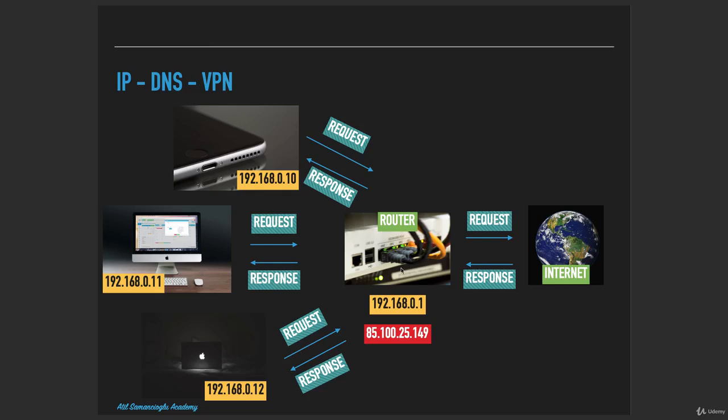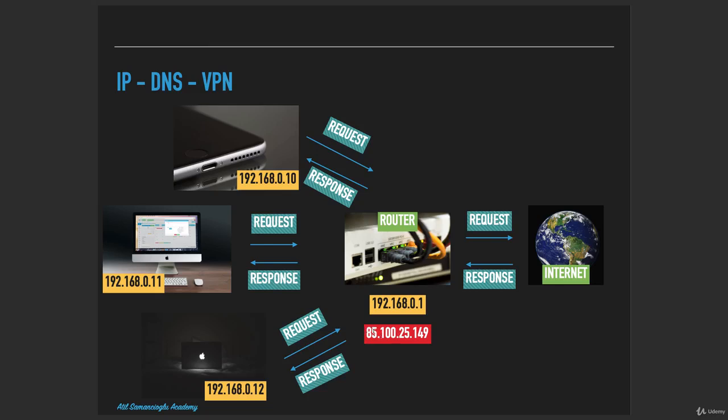So there is a router in your home and you have some kind of devices like phones and MacBooks or iMacs or computers or laptops, and they are all connected to that router because they want to go to the internet. When they try to go to google.com, for example, they send some requests to the router, and the router sends some requests to the internet. They get some responses back and the router forwards those responses to the related device. Okay, so this is how requests and responses work.